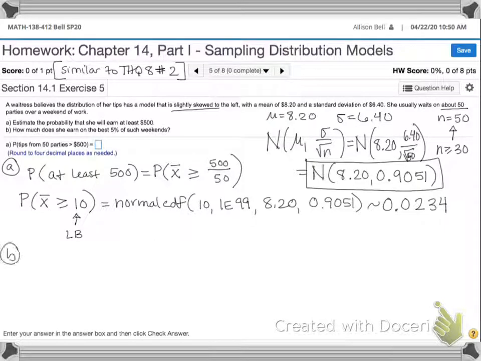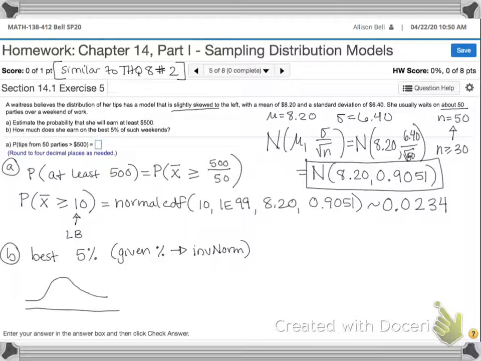Now for part B. How much does she earn on the best 5%? Okay, so first of all, they've now given us the percent. So this is going to be an inverse norm problem. And it's our job to determine if we're given the percent to the right or the percent to the left.